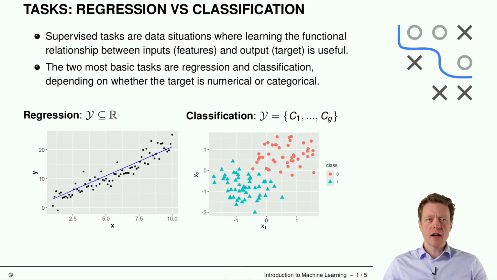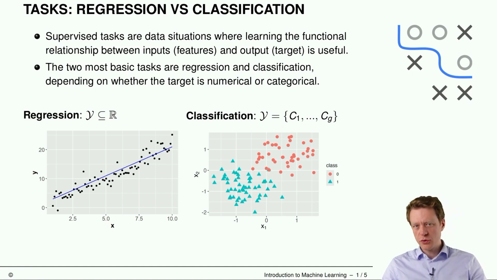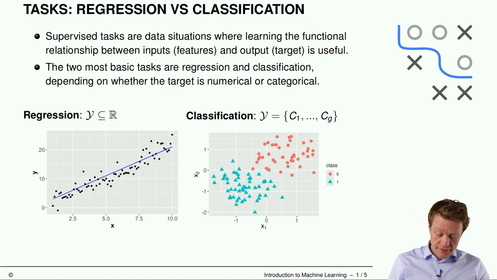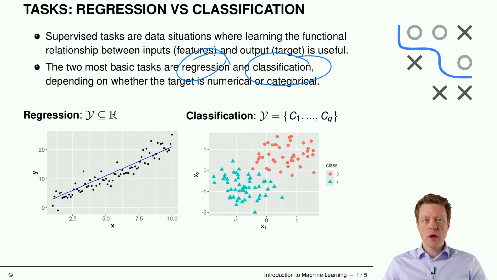With supervised tasks, we describe data situations where we want to learn the functional relationship between features and target, or between input and output. We have two basic tasks called regression and classification, and whether we are dealing with regression or classification only depends on the scale of the target variable.